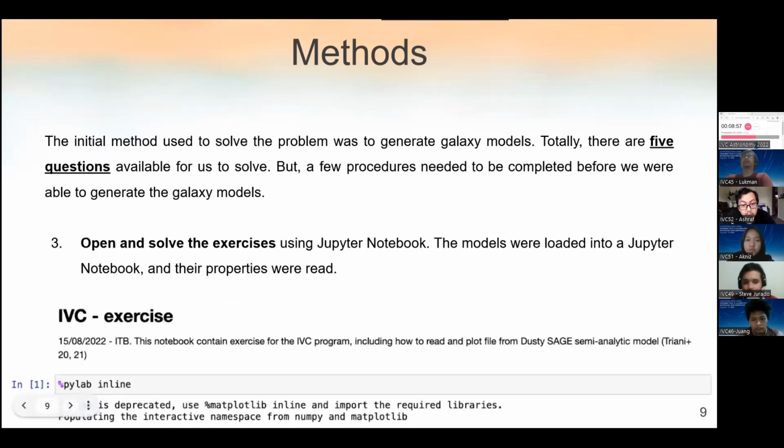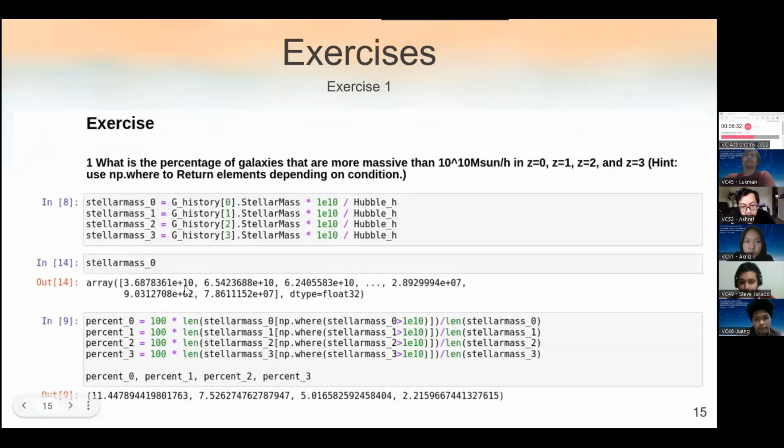Finally, to be able to use the properties of the galaxy models that have been generated, we used Jupyter Notebook, where the exercises are available in the iPython notebook, or simply known as IPYNB format. Next, my group member Lukman will share with you the computation that has been done for each question and the results obtained.